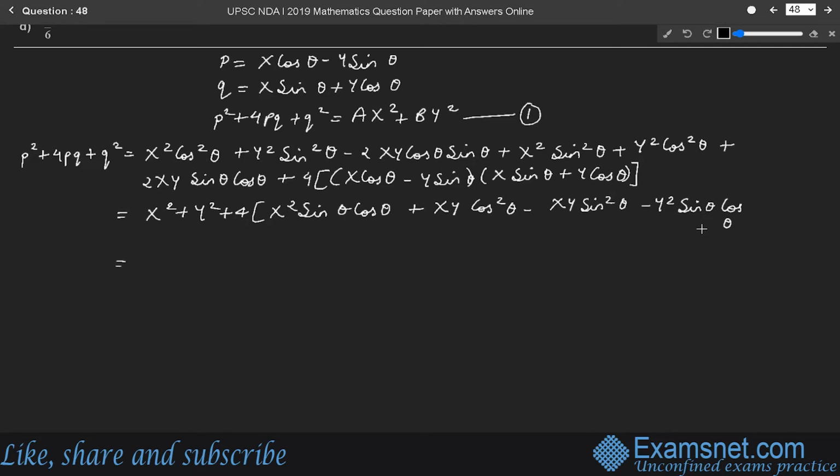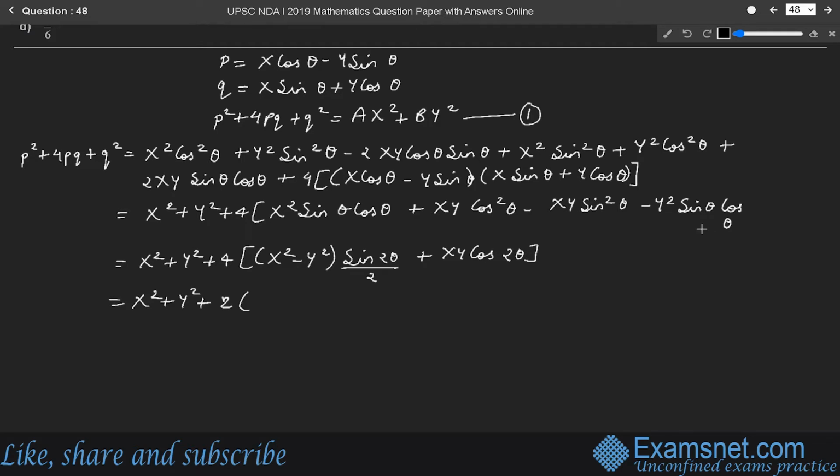On further solving, it will be equal to x square plus y square plus 4 into (x square minus y square) into sin 2 theta upon 2 plus xy cos 2 theta, which will be equal to x square plus y square plus 2 into (x square minus y square) sin 2 theta plus 4xy cos 2 theta. Let this be equation number 2.